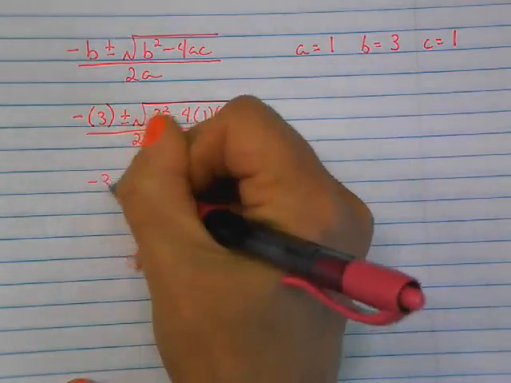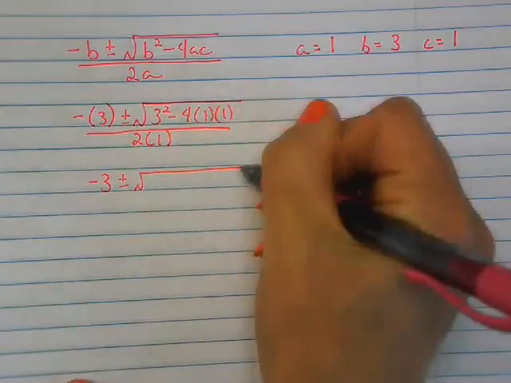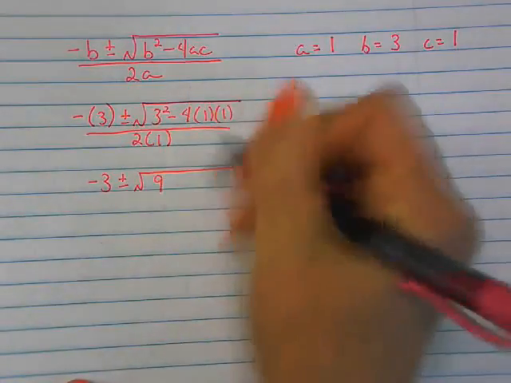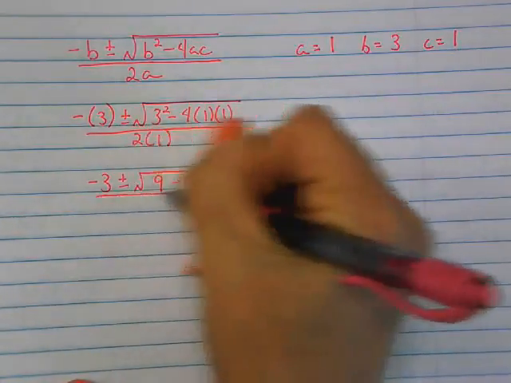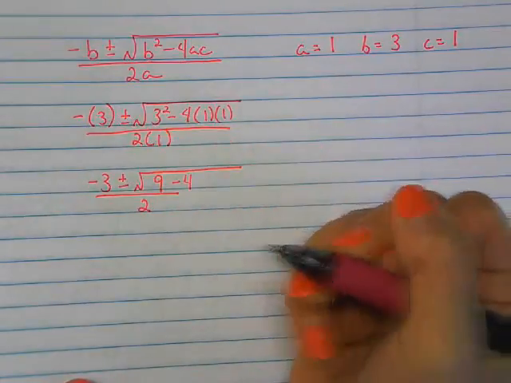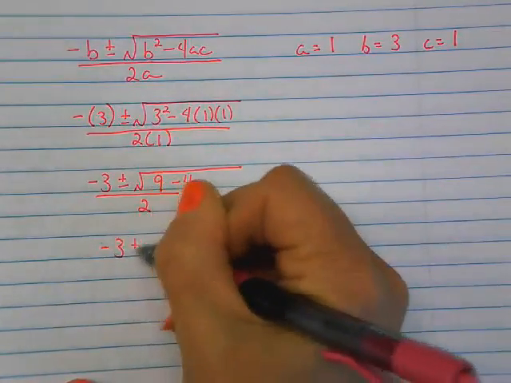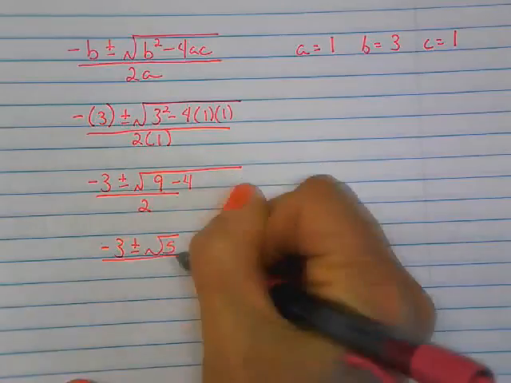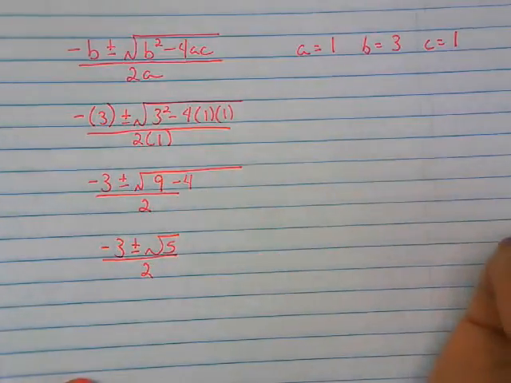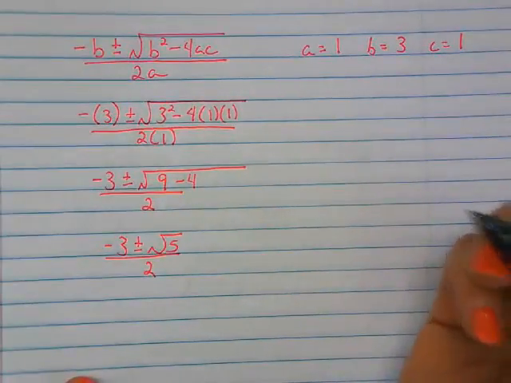So negative 3 plus or minus, let's see, 3 squared is 9 minus 4, over 2. I get negative 3 plus or minus the square root of 5 over 2. And that, my friends, are your other two roots.